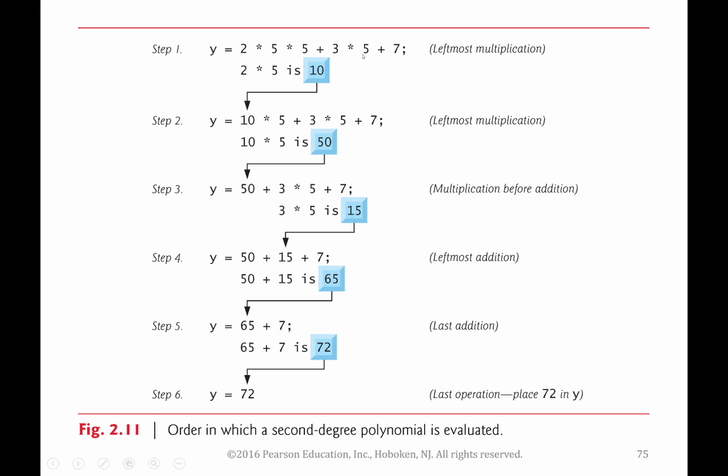It skips the addition because the multiplications are all done first. Then it adds those two numbers together, and the last thing it does is add the 7. So just keep that in mind. If I want any other order of operation, I stick parentheses in. So, that's it.